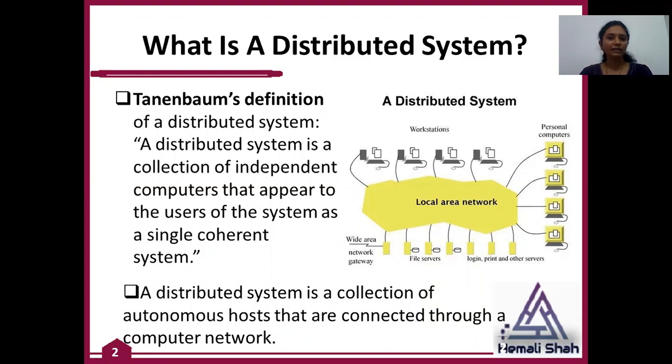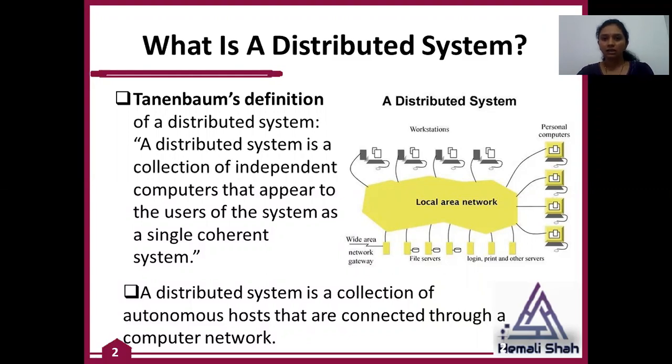We cannot identify how many computers the system has used, or which computer generated the output, and all the computers communicate with each other. They are transferring data between them and delivering the actual task.